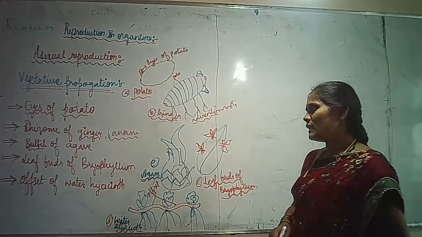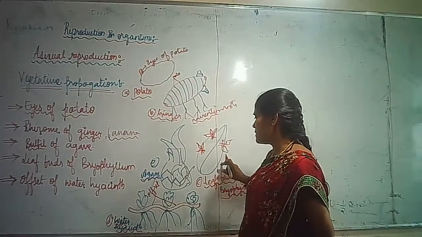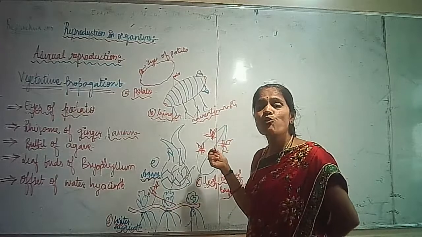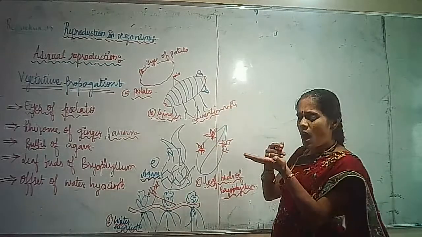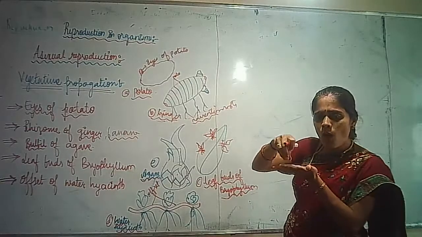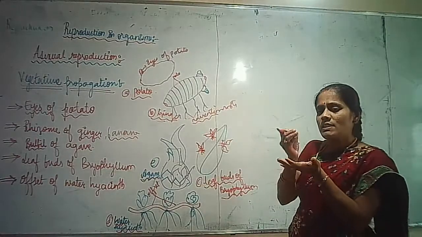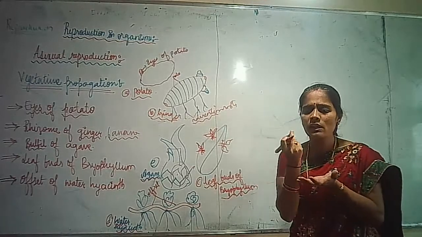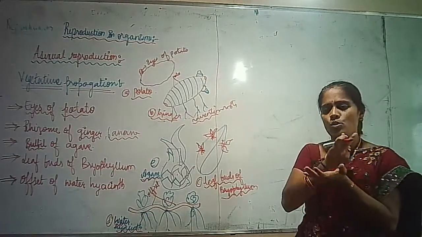Similarly, if you see this plant's leaf, that is bryophyllum. The margin of the leaf bears small bud-like structures which have leaves, and below them are small hair-like structures called roots.